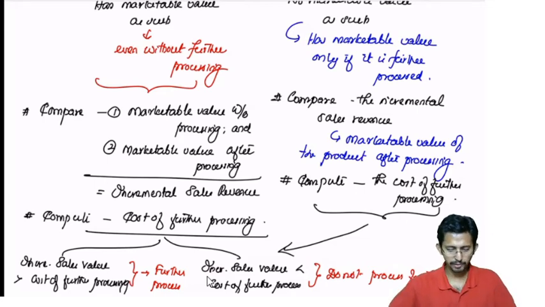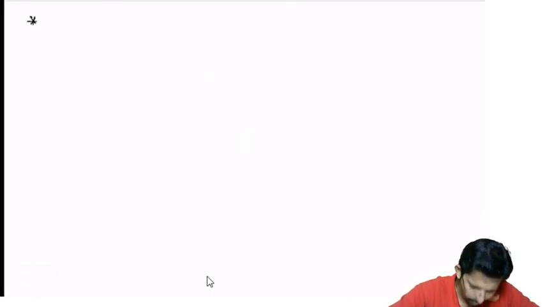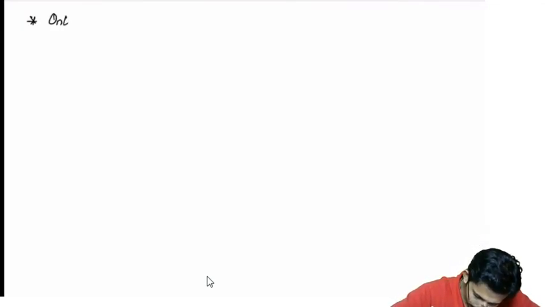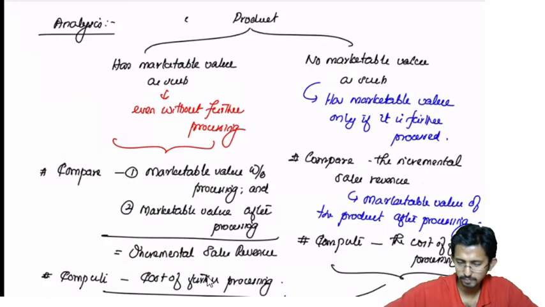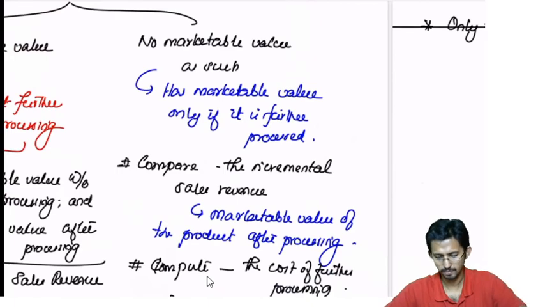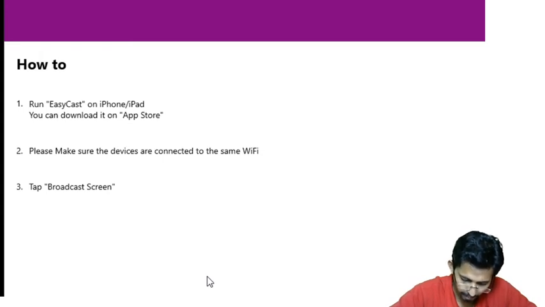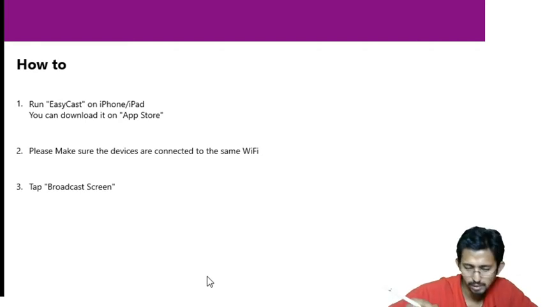Okay, now some specific points which you need to keep in mind. 1. Only the incremental cost of further manufacture should be considered.